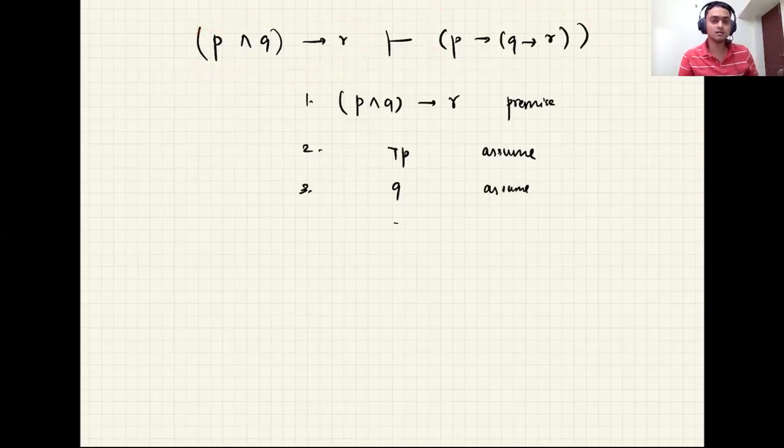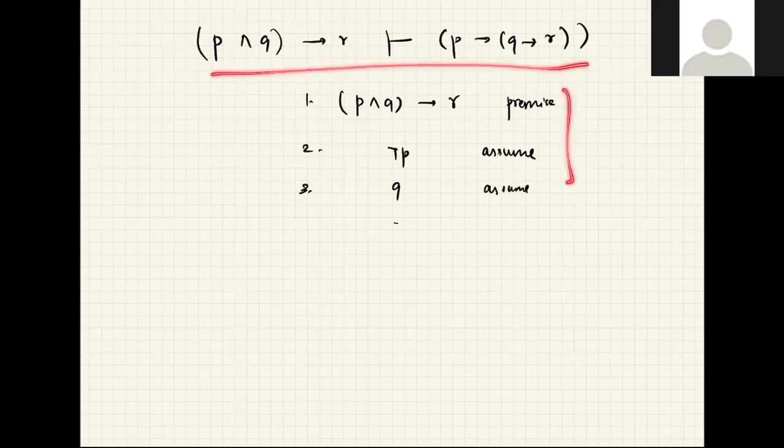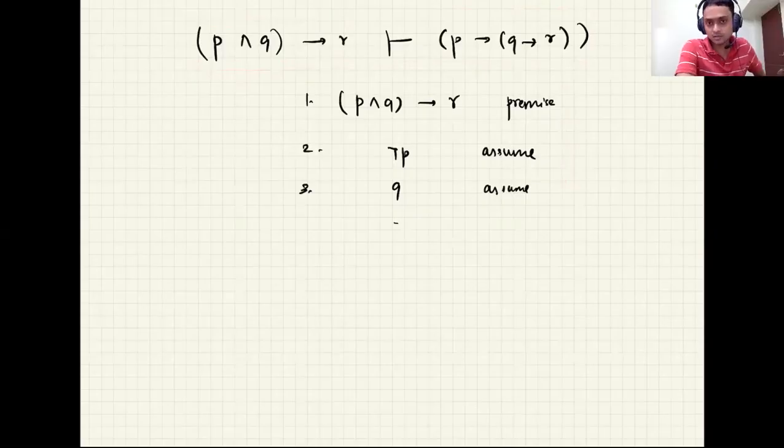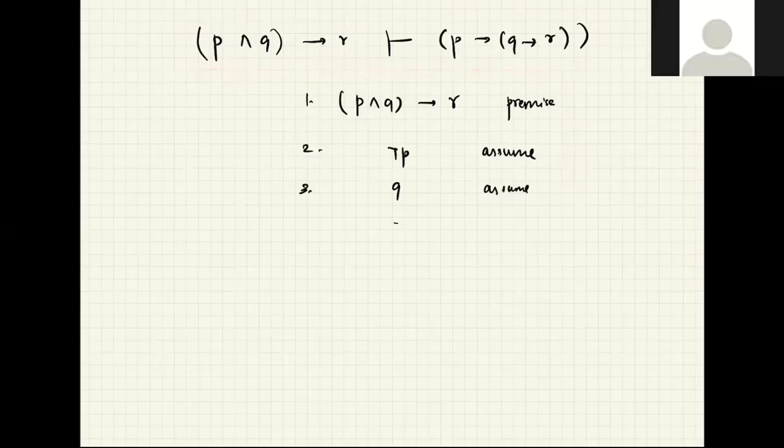I'm not saying that. Use the natural deduction rules to derive this sequent. Whatever you say is correct, but it's not what we have asked to do. Do you get it?